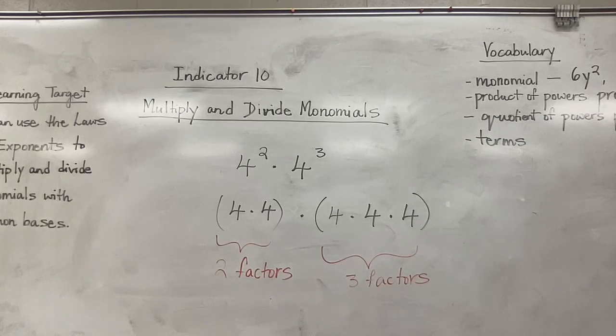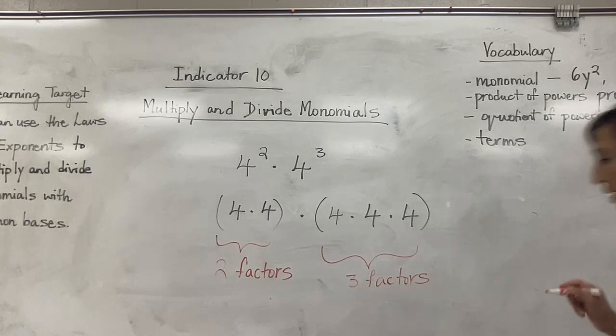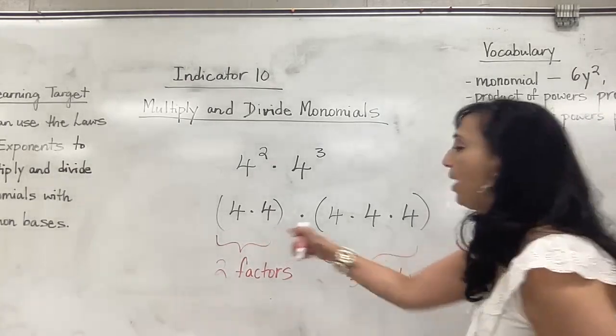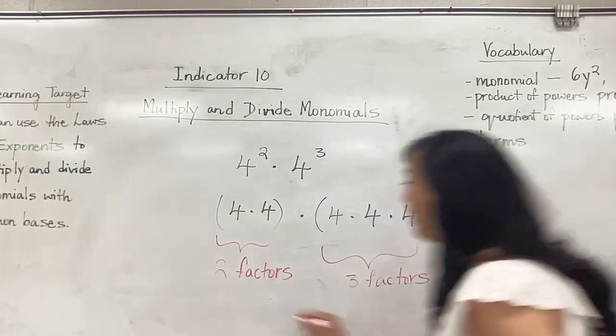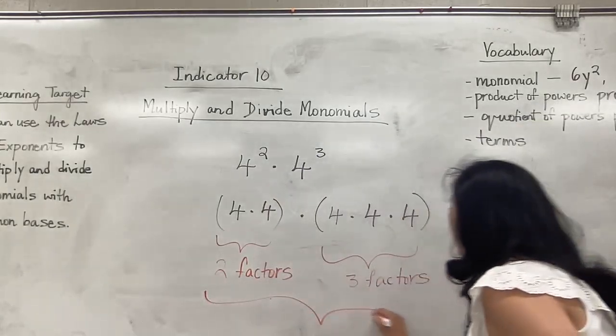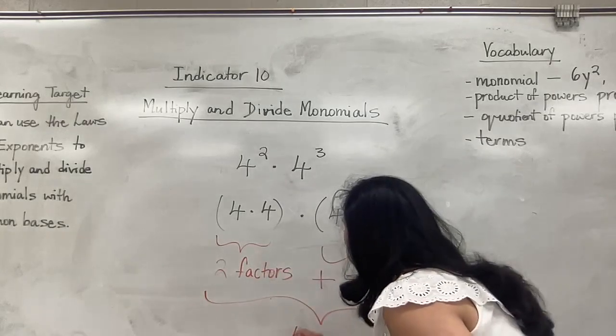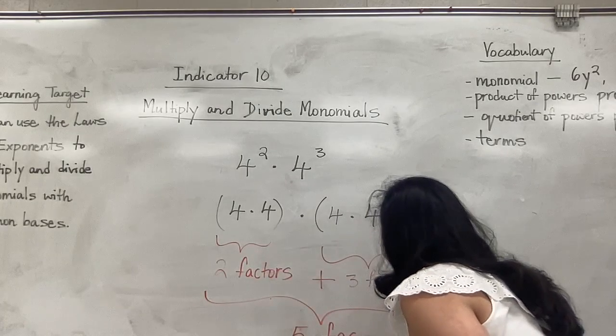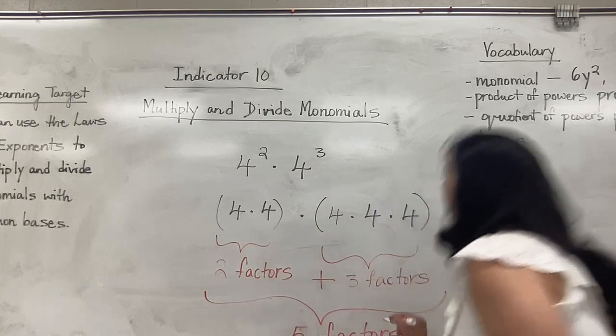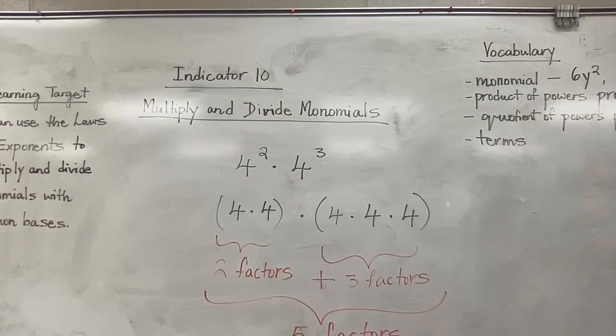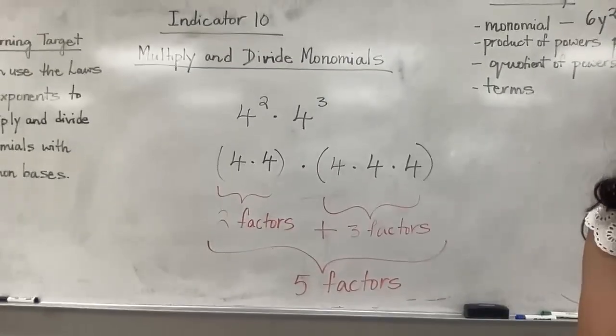So when I look at this overall, how many factors of 4 do I have in all? 2 plus 3, you see that? I have a total of 5 factors of 4. So I just wanted to show you this way.